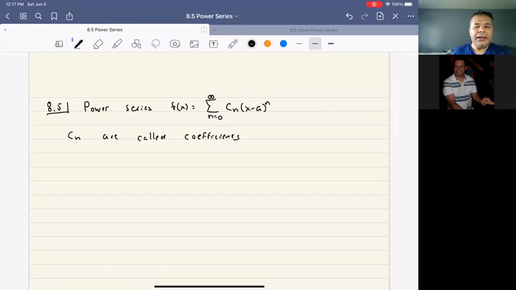Okay? And if you have any power series, you have basically one of three options. And this is actually a theorem. Can't remember the name, but it is in the book. Okay, so there are three possibilities.